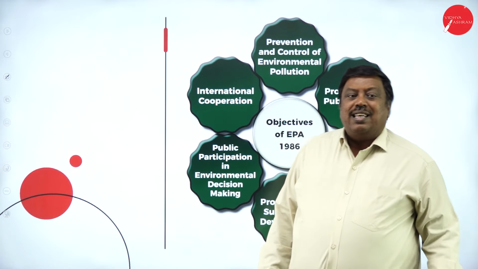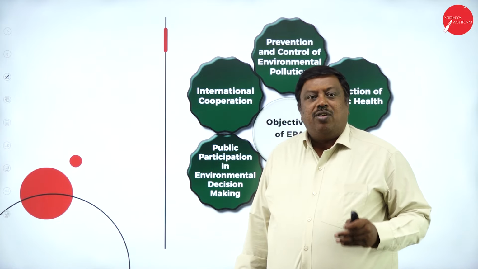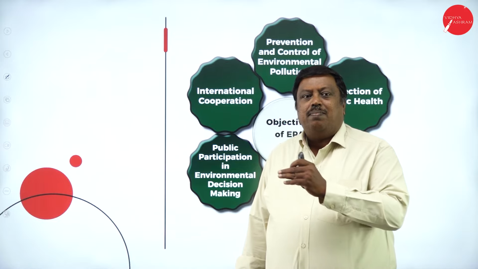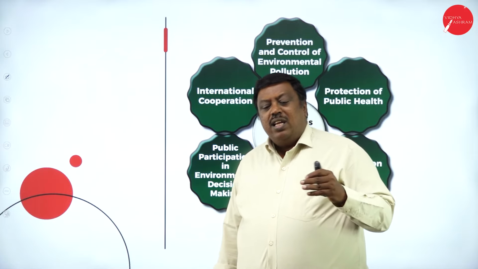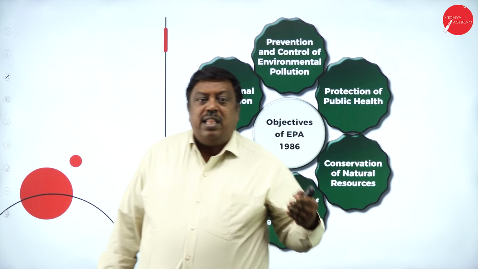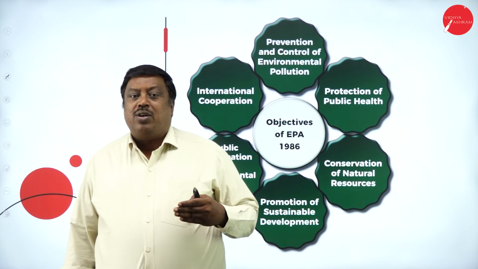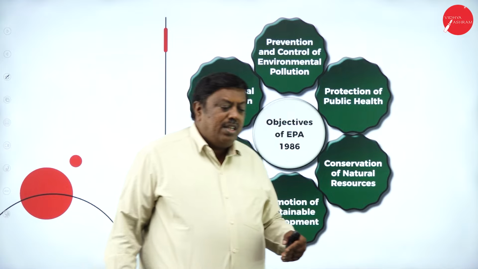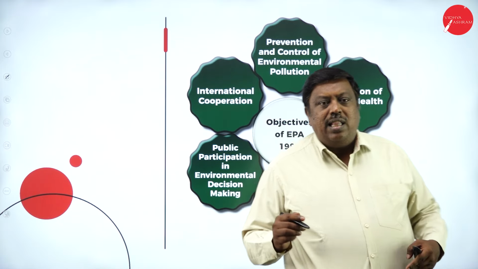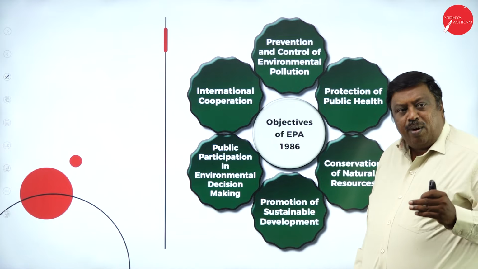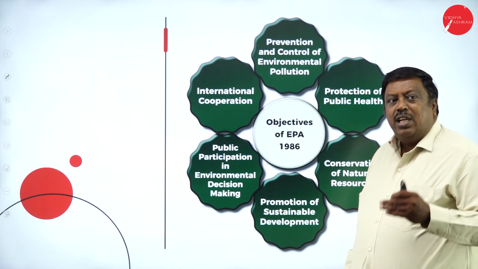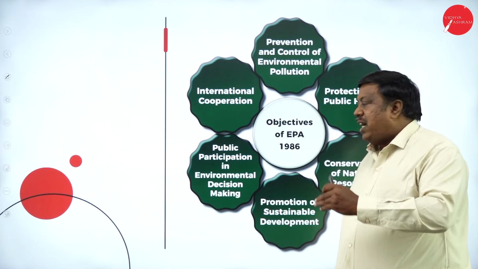How to protect that? And it is not only external; even in the internal business environment, health care should be taken which protects the employees of the organization and also the public of the society.